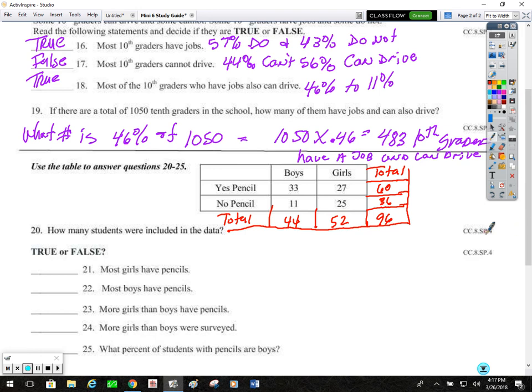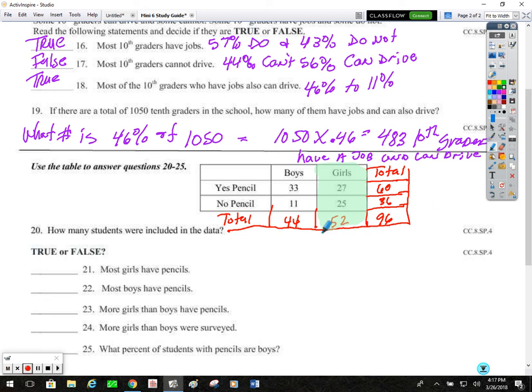All right, so let's look at our survey. Okay, here's some of the questions. Most girls have pencils. Okay. Now, when I talk about girls having pencils, all I'm looking at now is this category right here. That's all I care about because the survey did not mention boys. It did not mention the total. All I care about is right here.